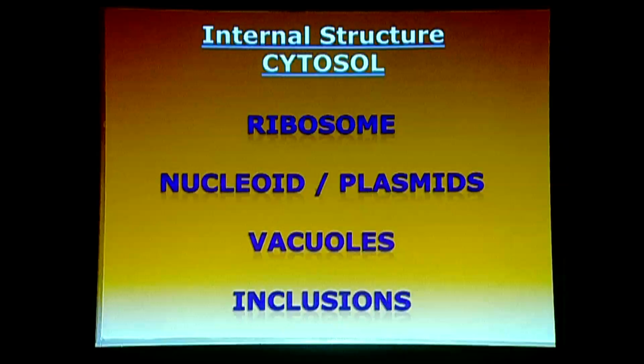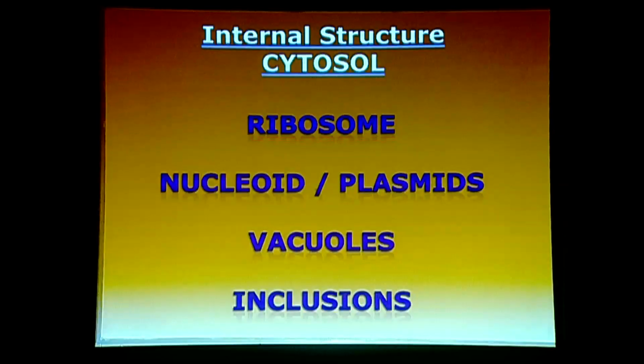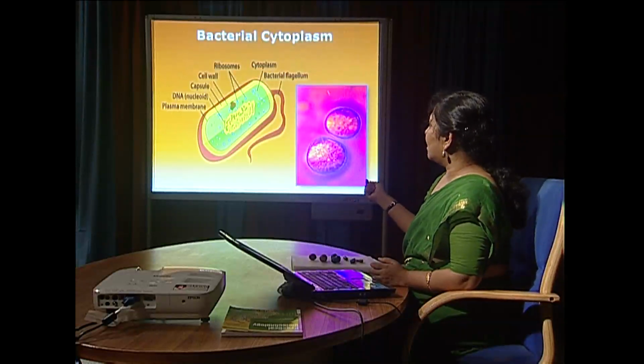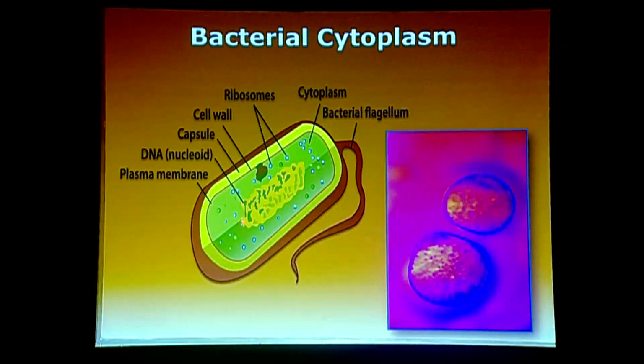Internal structure. So, mainly the bacterial internal structure is made by the cytosol. Cytosol contains ribosomes, the genetic material as well as vacuoles along with some inclusions. So, this is the general structure of the cytosol containing all the inner material. Bacterial ribosome.